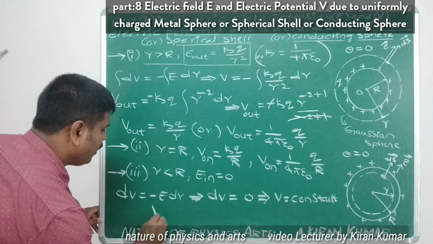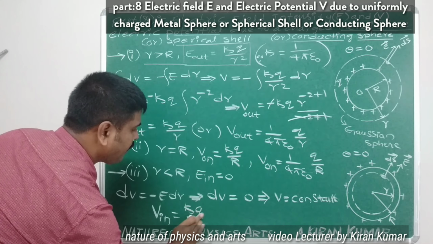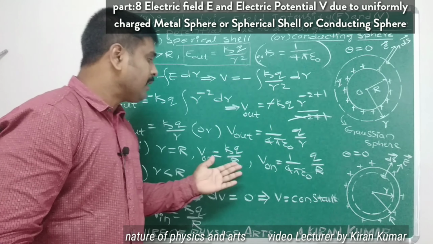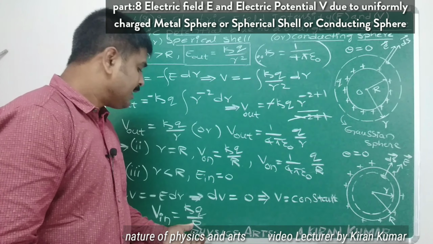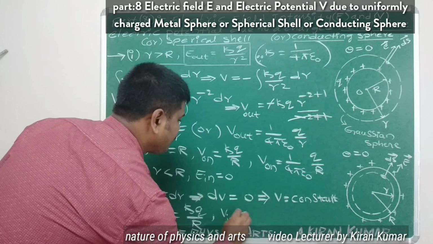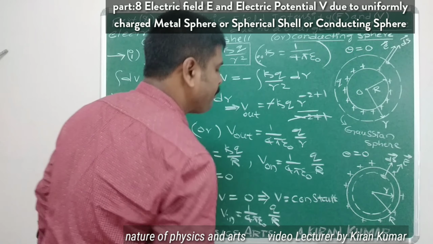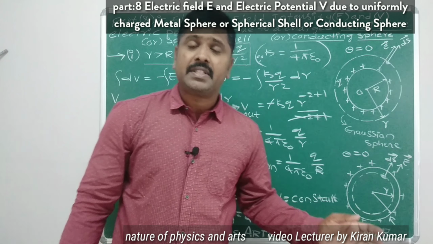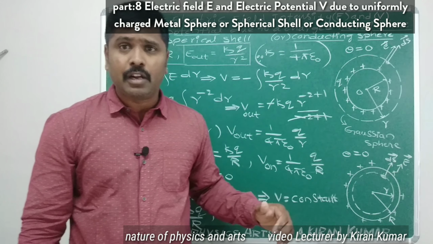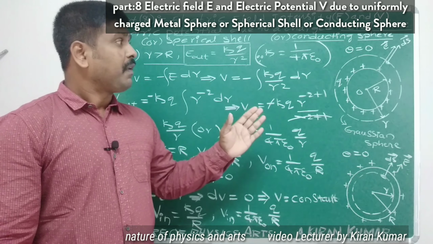That value V_in is equal to kq divided by capital R. Whatever the electric potential on the surface, that will be inside the spherical shell, kq by R only, or we can write V_in equal to 1 by 4 pi epsilon naught, q divided by capital R. On the surface and inside the spherical shell, the potential remains constant, the same on the surface and inside, but the electric field intensity is 0 inside. So this is the electric potential of a metal sphere.